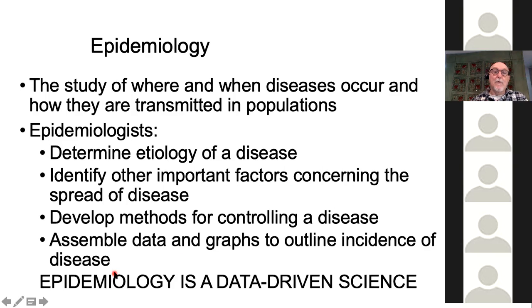And very, very importantly, epidemiologists assemble data and they assemble graphs and they do mathematical modeling of disease spread in order to explain what is happening and to make these recommendations to control the disease.